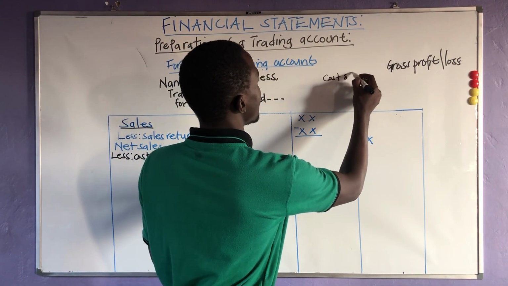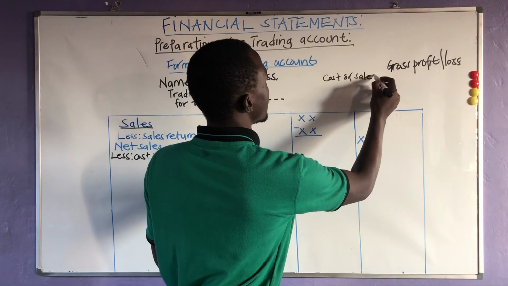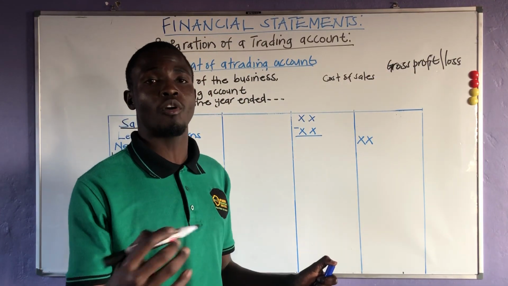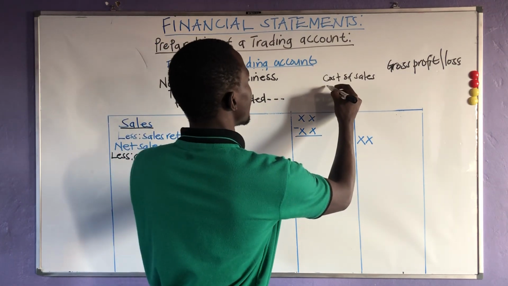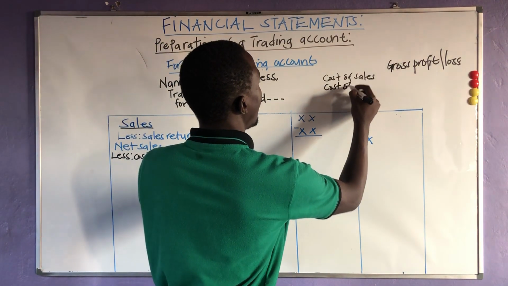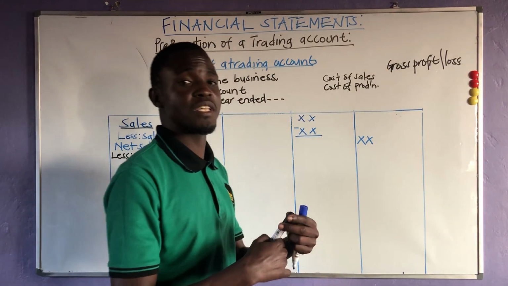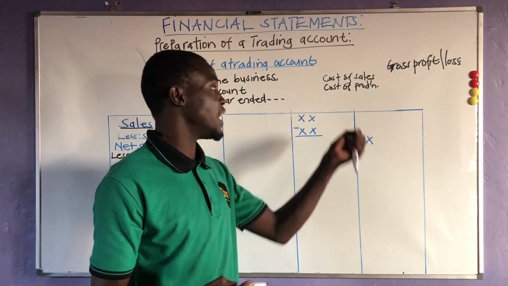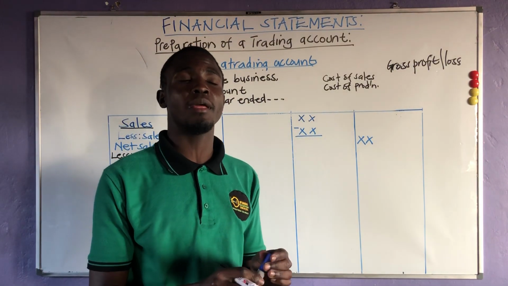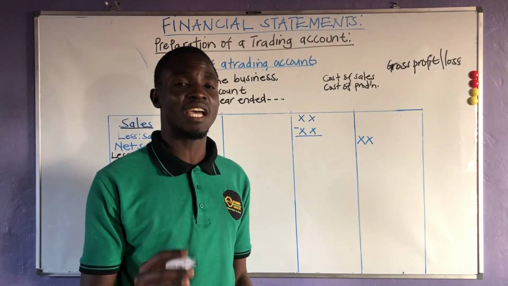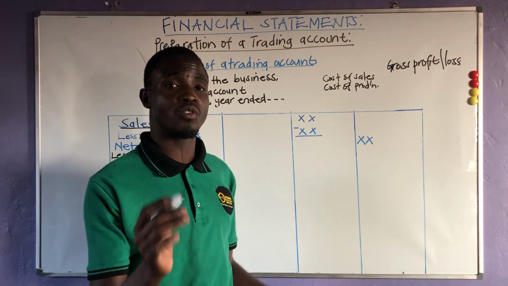Cost of sales means those expenses a seller incurs in the purchase of commodities. In production, it is called cost of production, like those expenses producers incur in producing a commodity, such as labor, wages paid to labor, and electricity. But in business, it's called cost of sales.